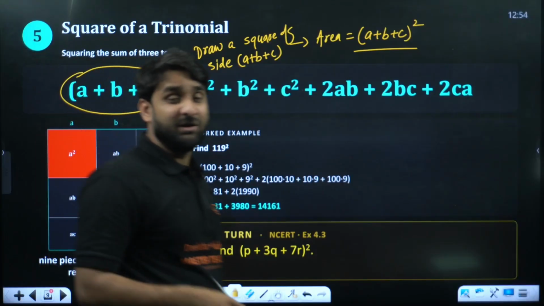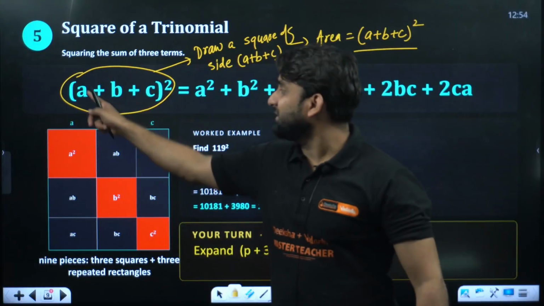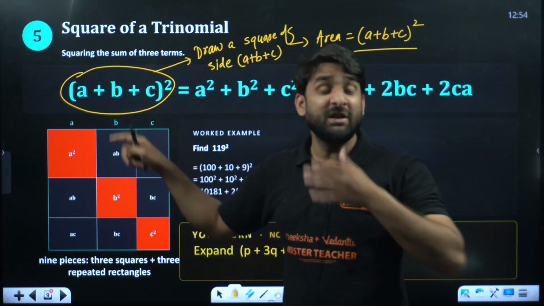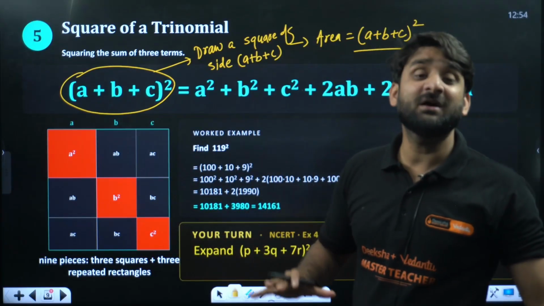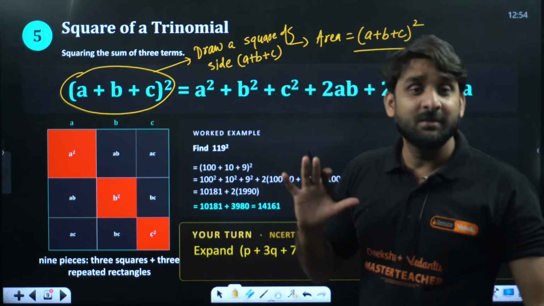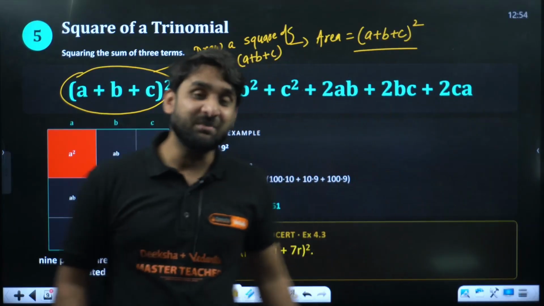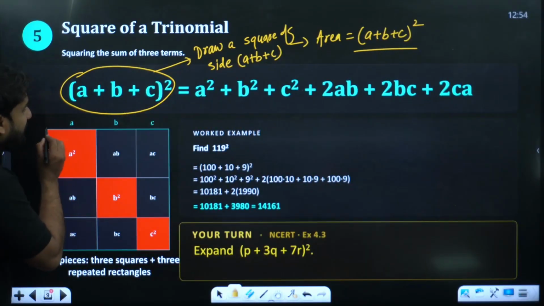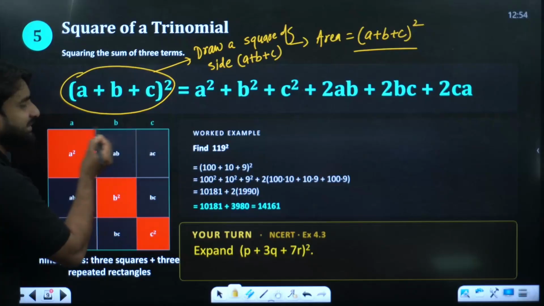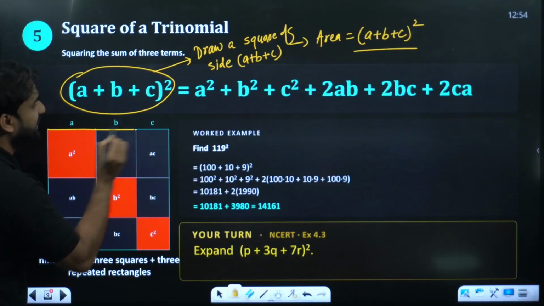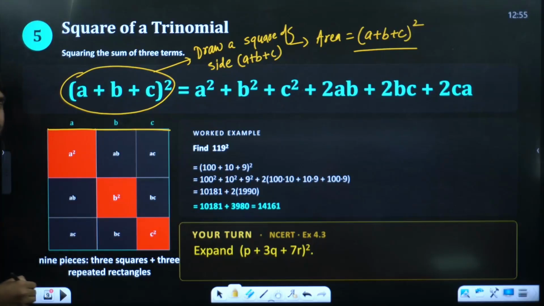Are you getting my point? So to get this expression on the LHS, we need a square of side a plus b plus c. And that's why, can you see, champions? Here we have drawn a side of a plus b. See, this width is a, this is b, and this is c.